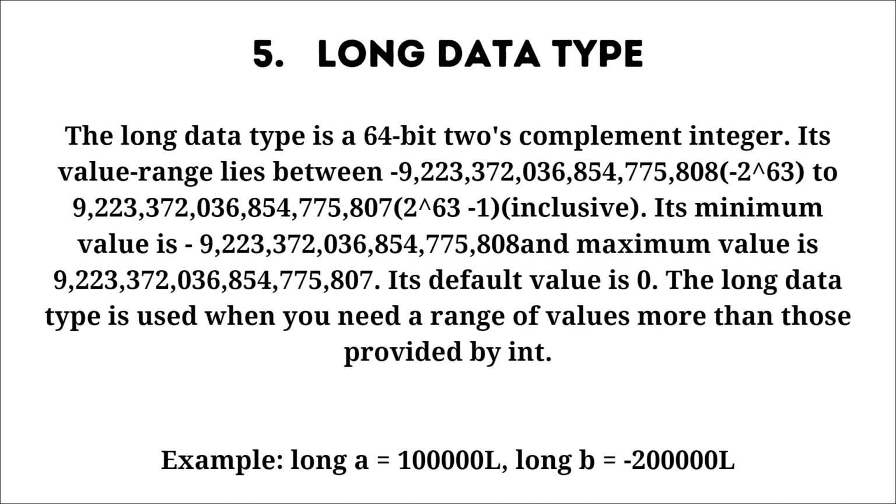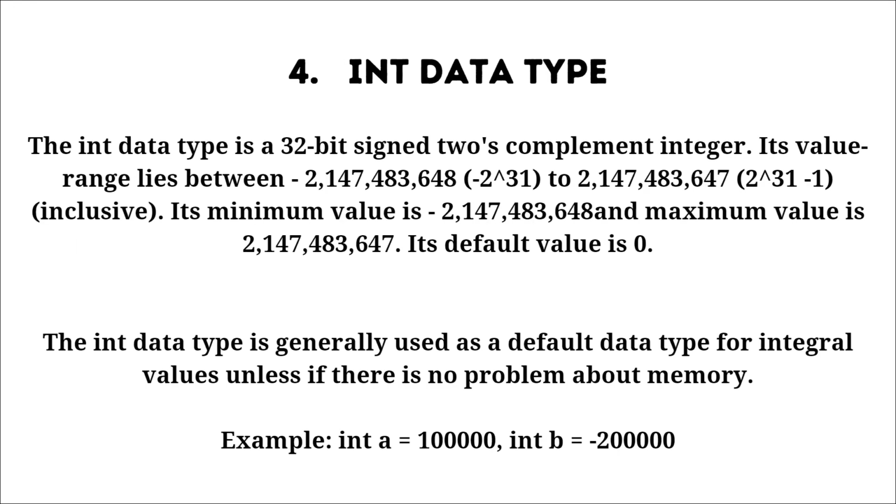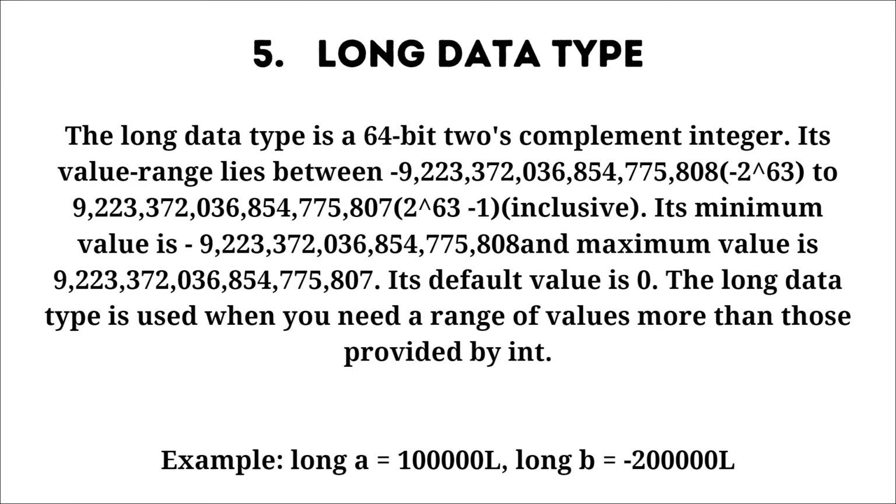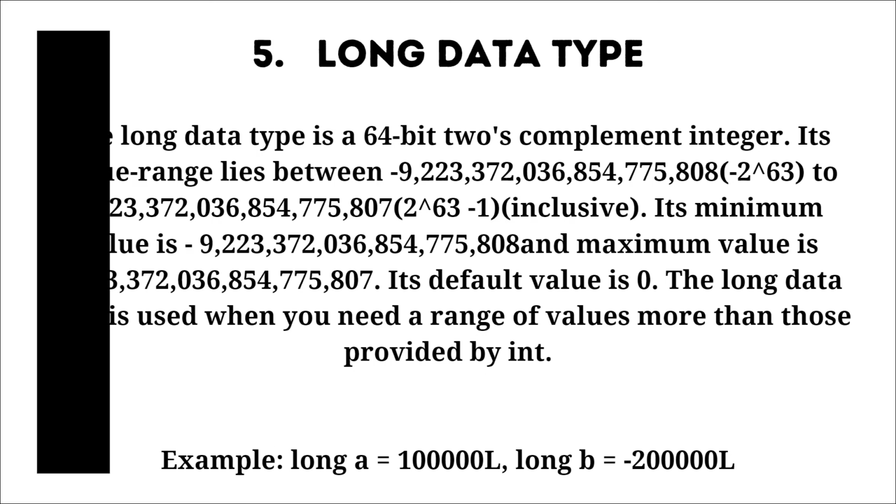You can read it. Its default value is 0. The long data type is used when you need a range of values more than those provided by int. If you are going to max or min the value between these numbers, you can use this. Amazing.